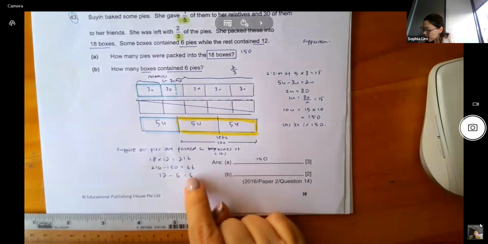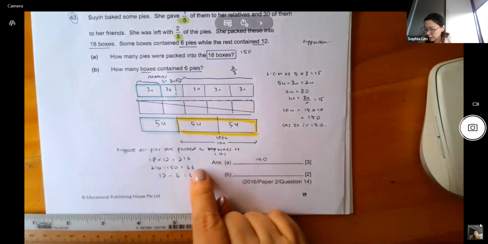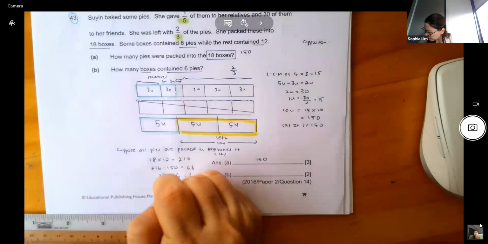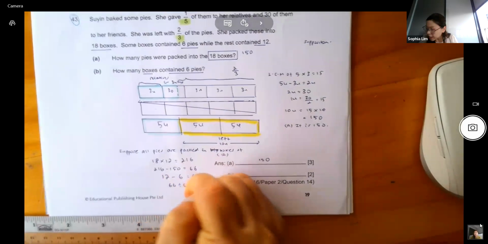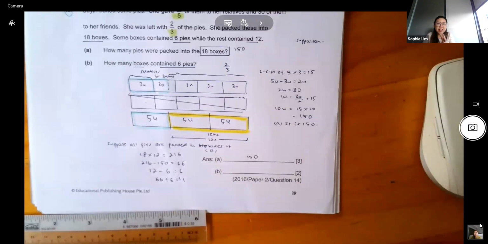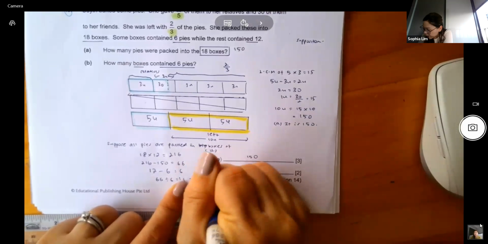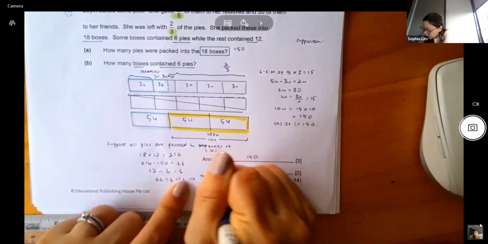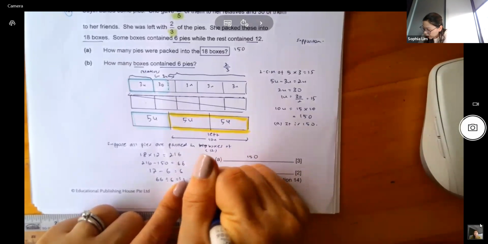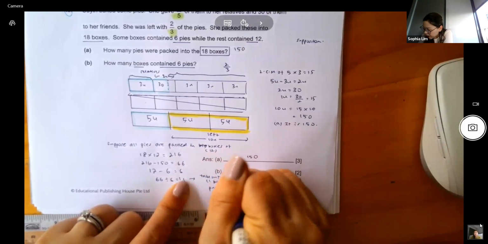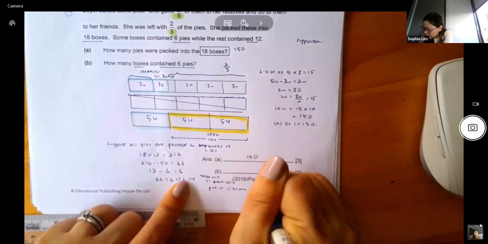So how many groups of 6 are there in 66? That's why you divide. This means you take out 11 boxes of 12 and put in 11 boxes containing 6.